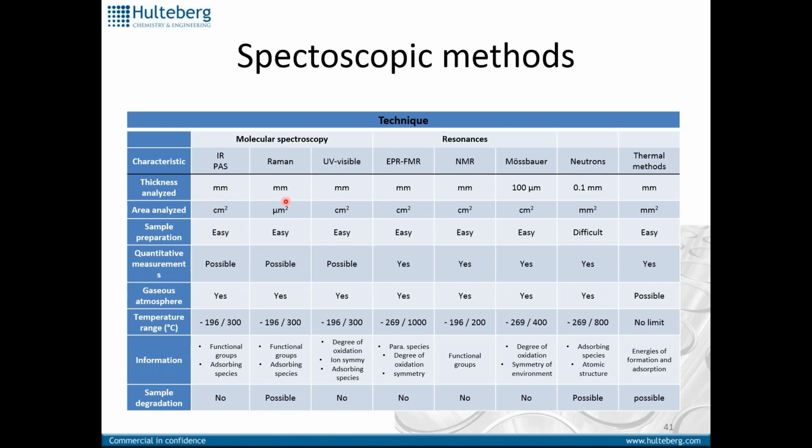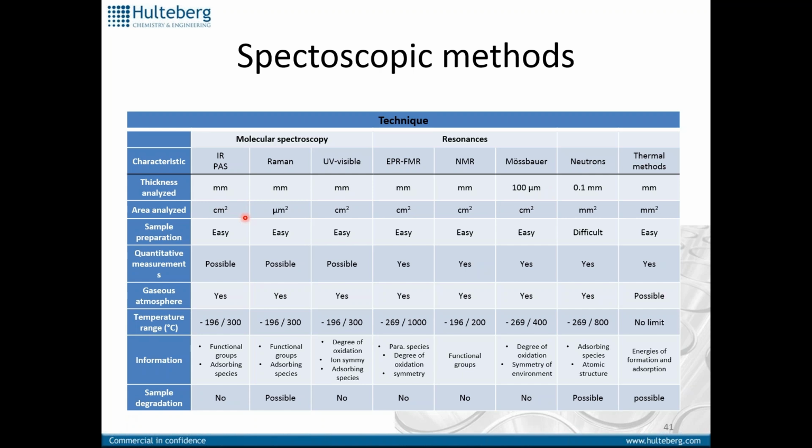The analysis thickness is how deep we are penetrating the sample, but we also have the size of the actual beam, which translates into an area analyzed.